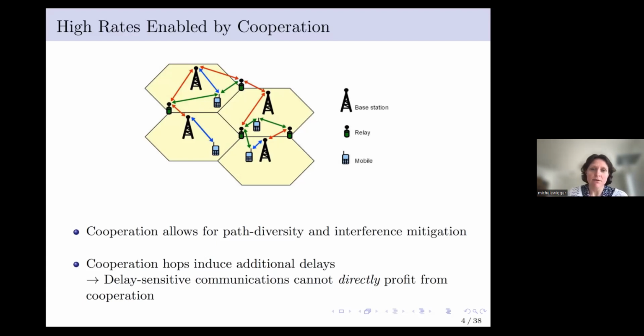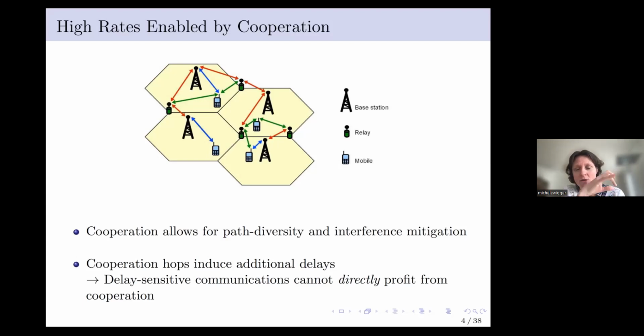For example, in cellular networks, we can have base stations. We all know that for many years they can cooperate with each other over some backhaul links, and at least in principle, mobiles could also communicate with some relays or over short distances with each other.